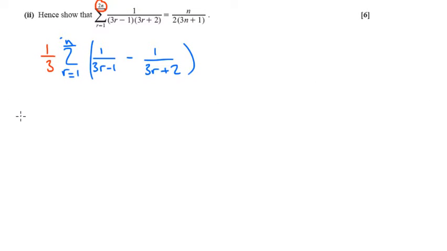So in order to do these method of differences questions, we are going to look at values for when r is particular numbers and substitute them in and just write them down and work them out. So when r is equal to 1, we're going to have 1 over 3 take away 1, which is 2, minus 1 over 3 times 1 plus 2, which is a fifth.